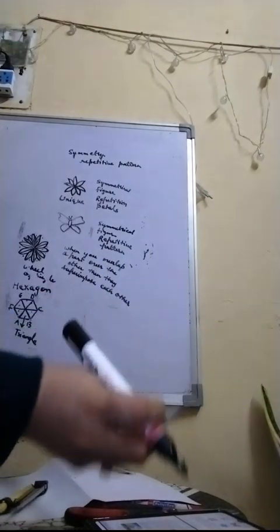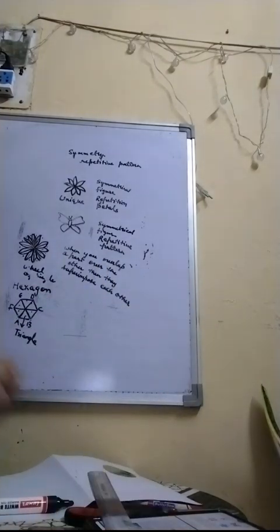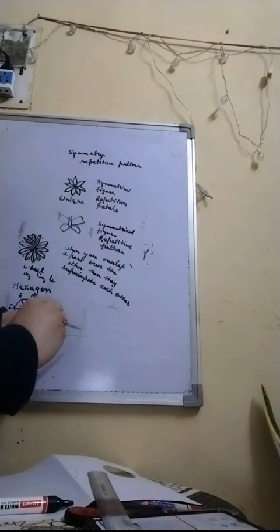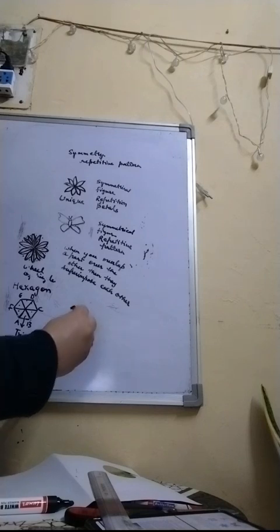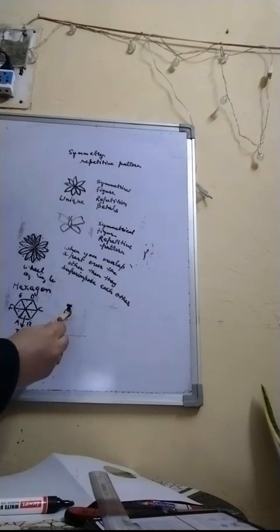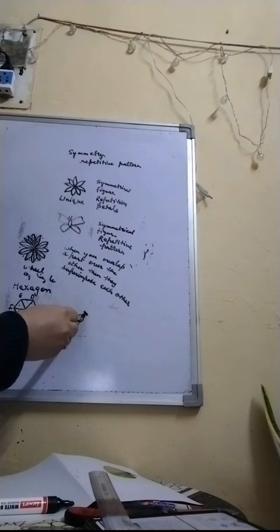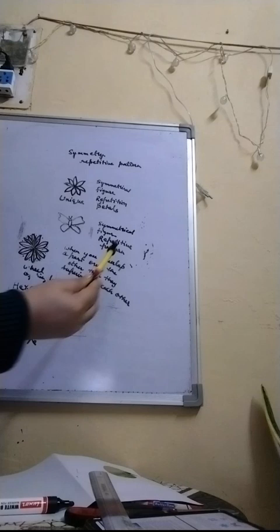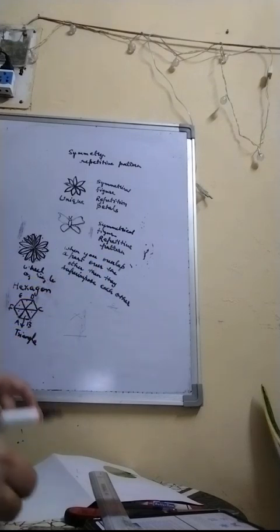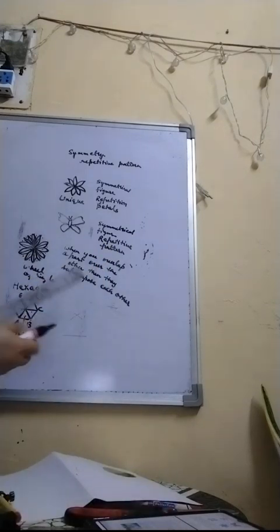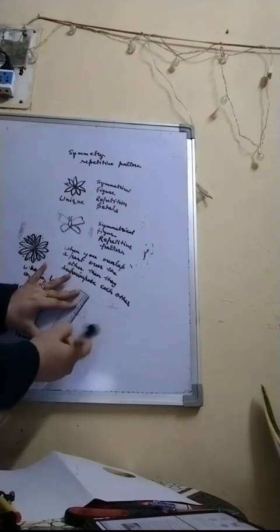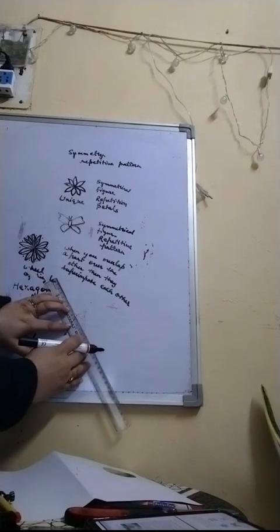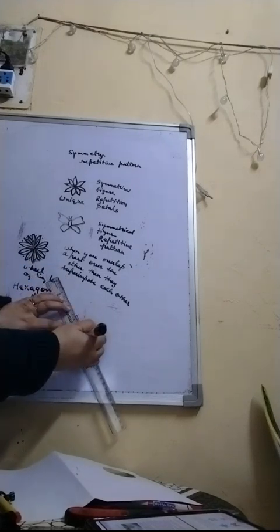Okay, so we will draw a hexagon out of it. Now join these 2 points like this.